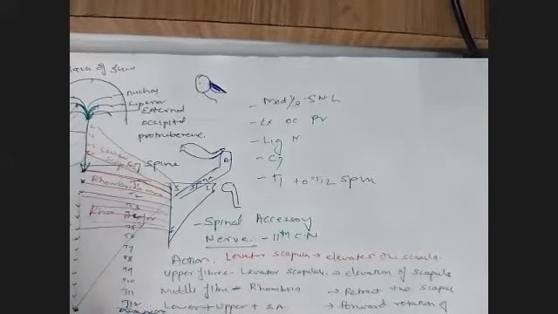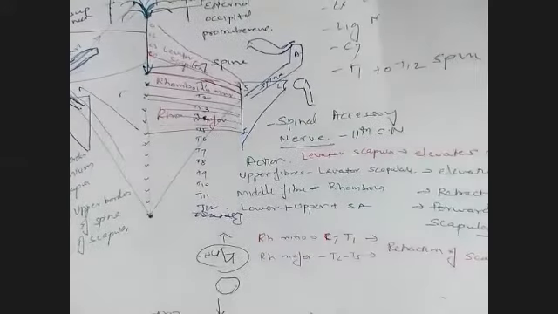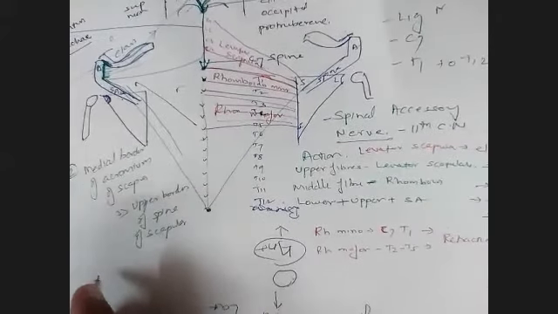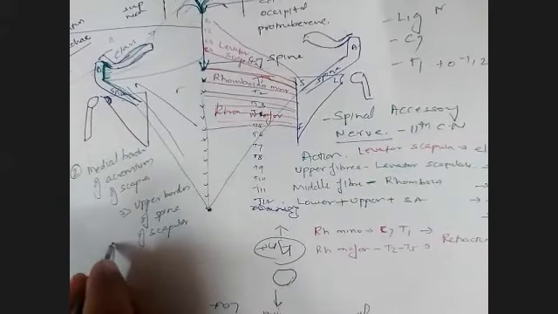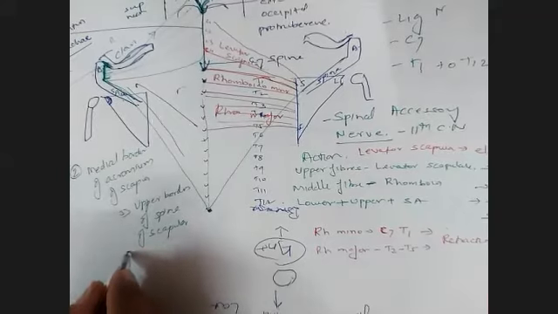Okay. Now one more muscle which is there in this region. This is rather the last muscle which we are studying today. Its origin is almost from the iliac crest.